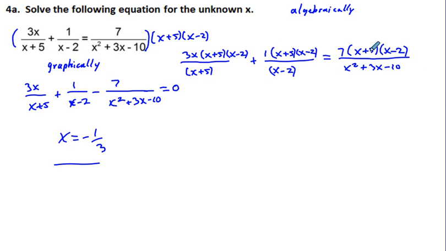And what happens is we're going to clear that denominator here.